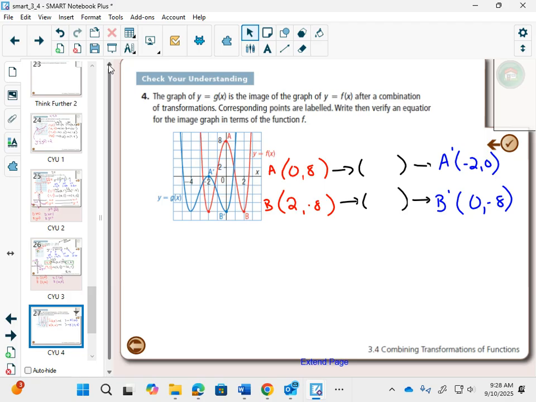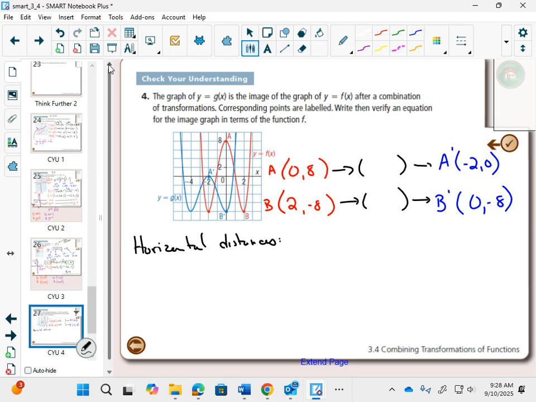So the mathematical way that you can check for stretches and compressions is by looking at horizontal and vertical distances between points. If I look at horizontal distances first, on my original graph, going from A to B, you go over 2 units to the right, so I'll put +2.